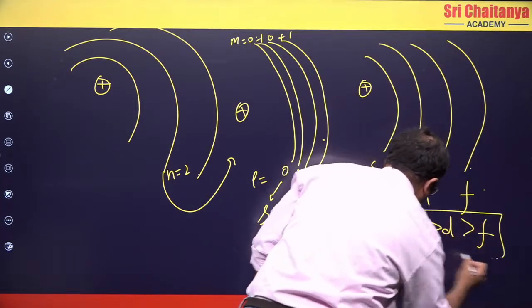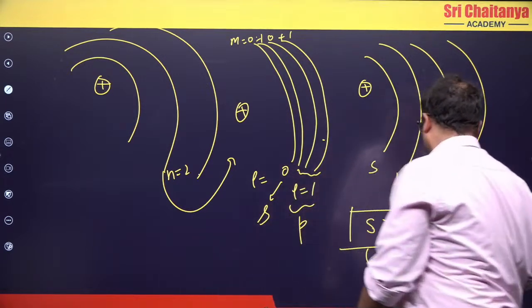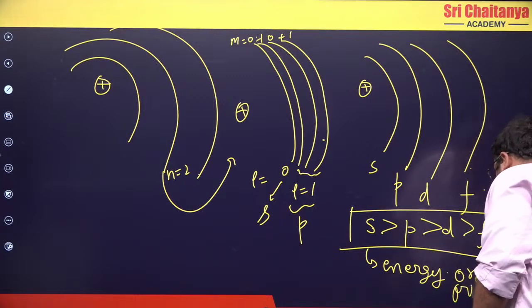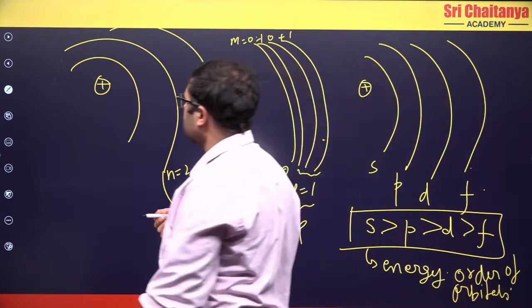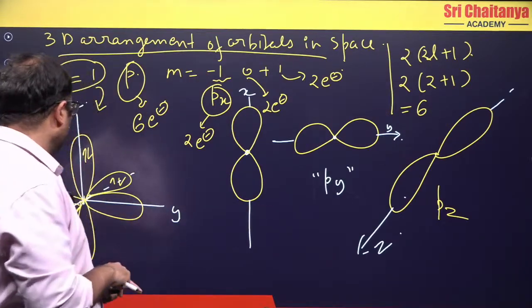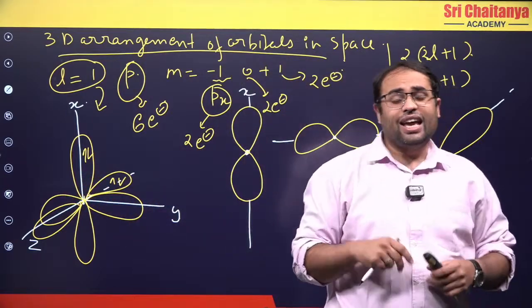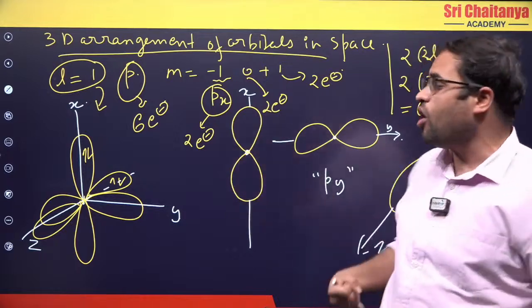This is your energy order of orbitals or subshells, right? So understood? So these all are present like this. Their energies become different if you apply a magnetic field or magnet.